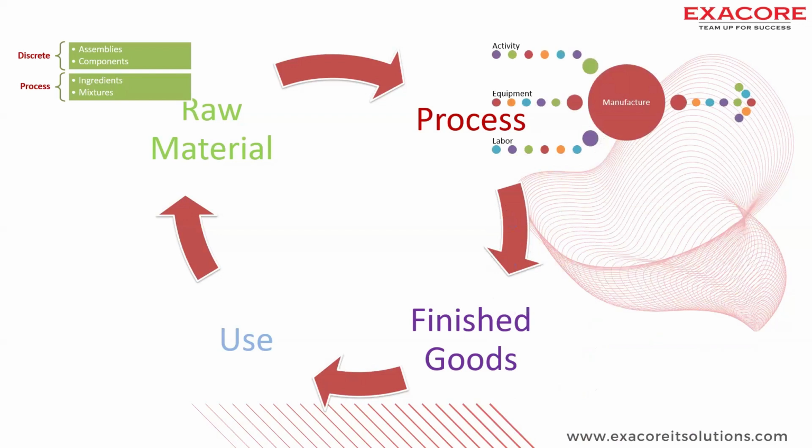Process basically means any manufacturing activity undertaken on these raw materials, utilizing either equipment or labor, and there will be steps involved in converting the raw materials into different stages of change to make it finally available as a finished good.